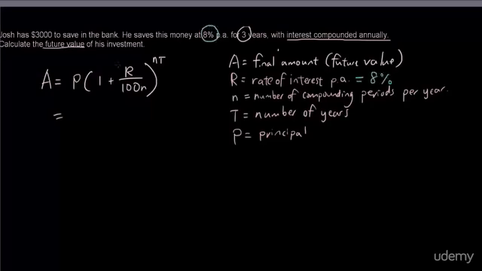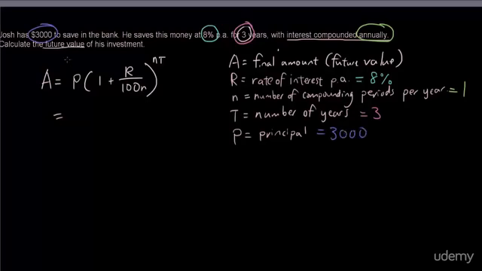The number of compounding periods per year is 1 because it says compounded annually, so that's 1. Number of years, so that would be 3. And the principal is 3,000.